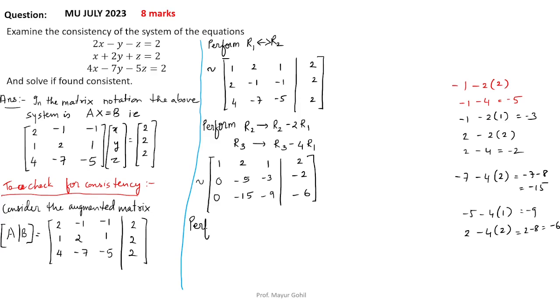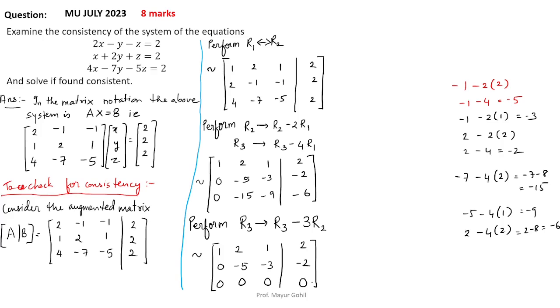Now we perform R3 changing to R3 - 3R2. So 1 2 1 2, 0 -5 -3 -2, and here what we will get is 0 0 0 and here 0.